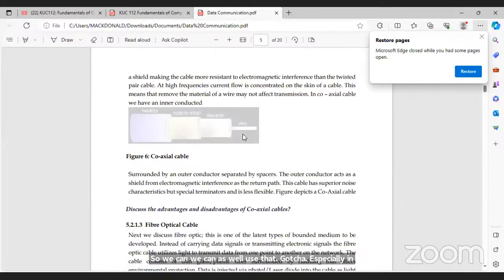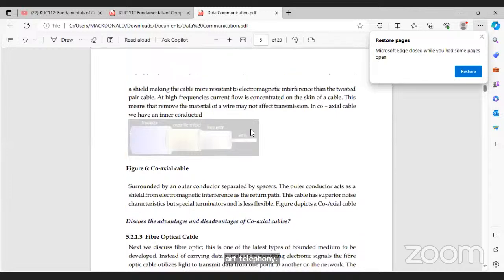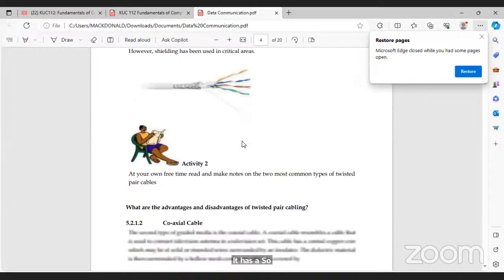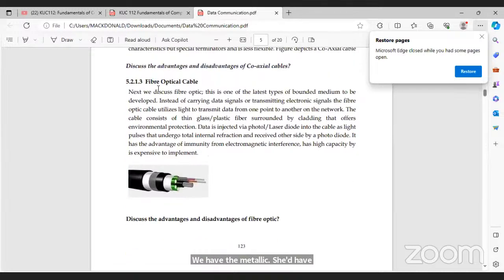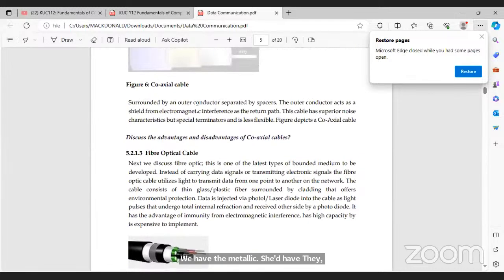In the exams, they can draw you something like this: an insulator, the metallic sheet, another insulator, then the cable inside. That's the coaxial cable. Then you have fiber optic.